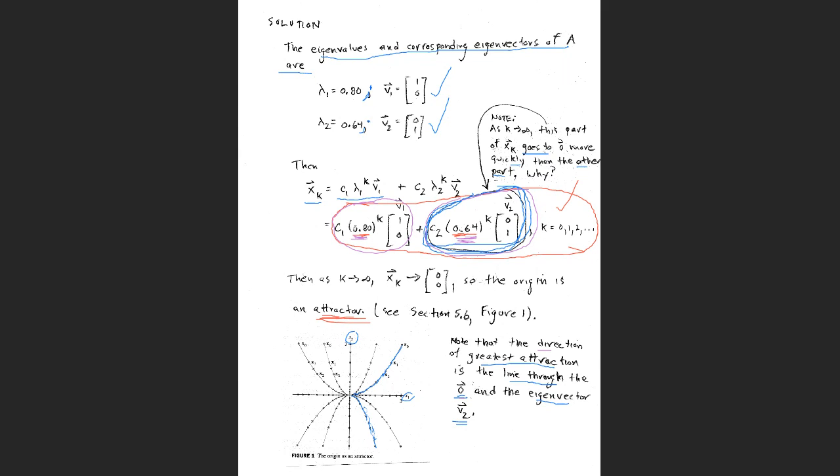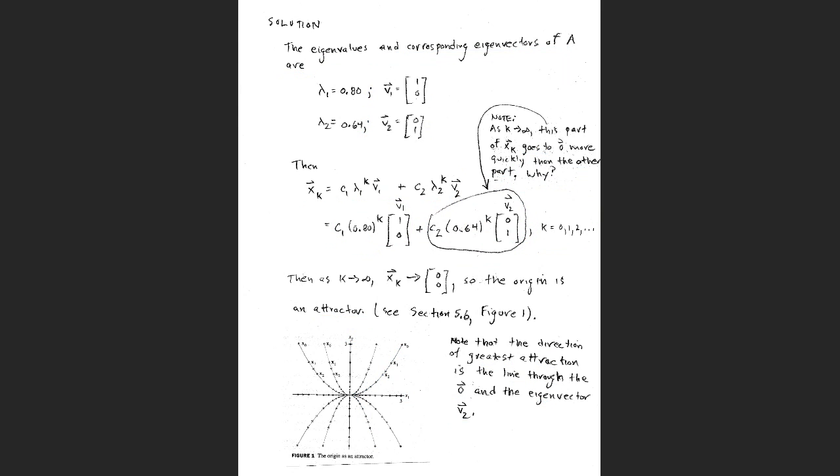And the reason is because when k is large, this part is gone for x sub k. Right? That part goes away more quickly, leaving you with the first part for x sub k. And that's just a multiple of the vector (1, 0).